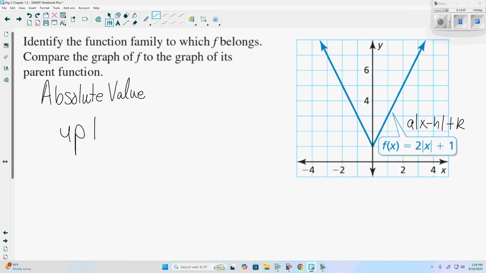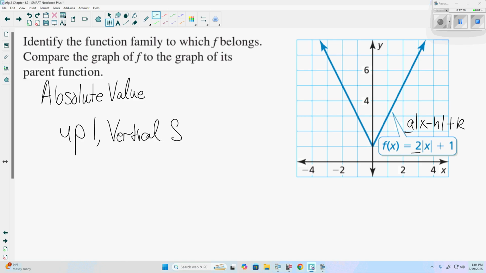Yeah, we do. This is the first one we've done where we haven't just had one transformation. What is a? 2. Is it positive or negative? Positive. Since it's positive, is there a reflection across the x-axis? No. Only if it was negative. But it does tell us that we have either a vertical stretch or vertical shrink.